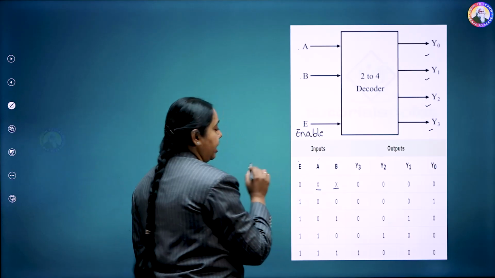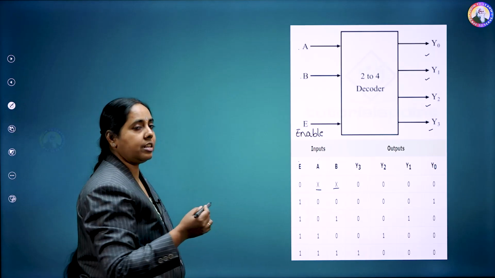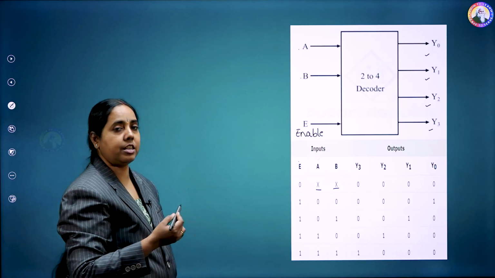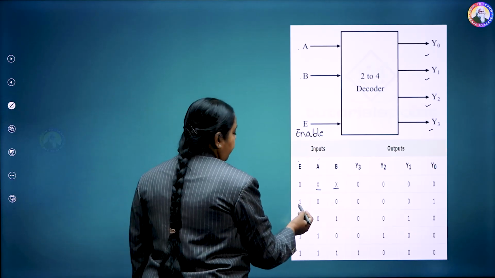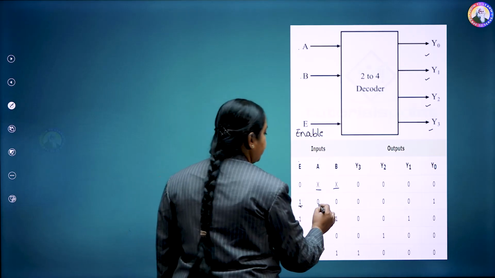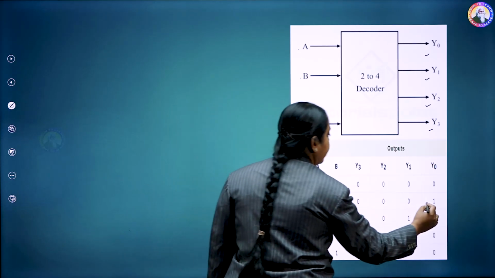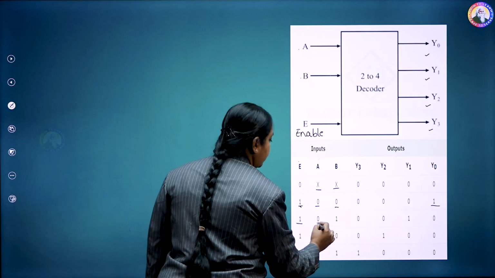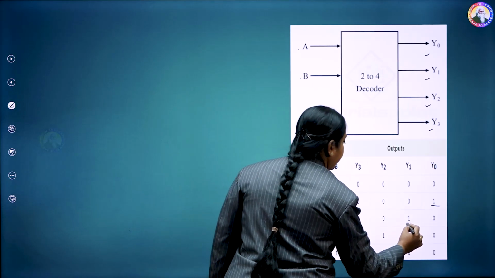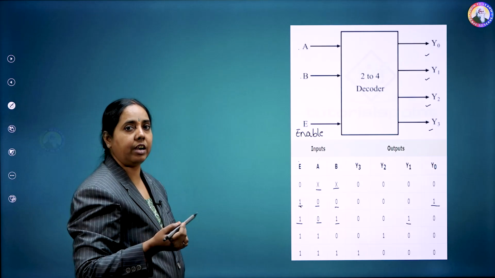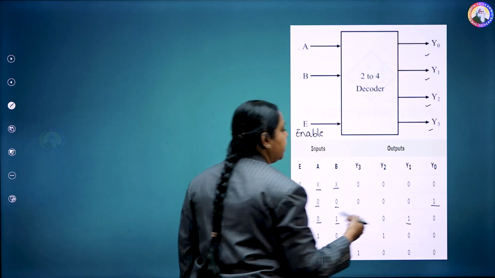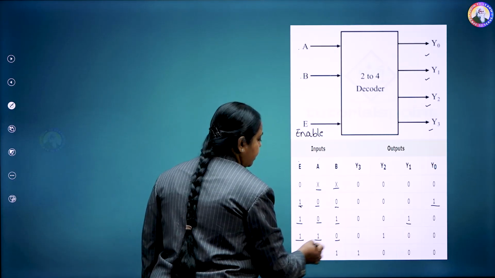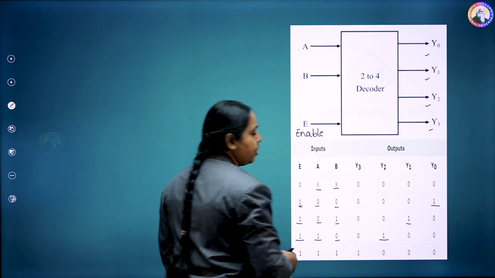If the enable bit is 0, the device is in deactive mode. If the enable bit is equal to 1, the device is said to be in active mode. Now if the enable bit is 1 and the inputs are 0, 0, the output identified is Y0. If the enable bit is 1 and the inputs are 0 and 1, the output identified is Y1. Whichever output is identified gives the value 1, and the rest are given zeros. If the enable bit is 1 and the inputs are 1 and 0, the output identified is Y2.